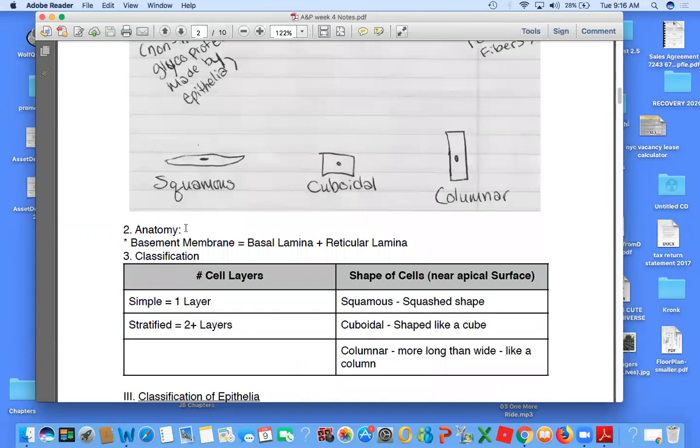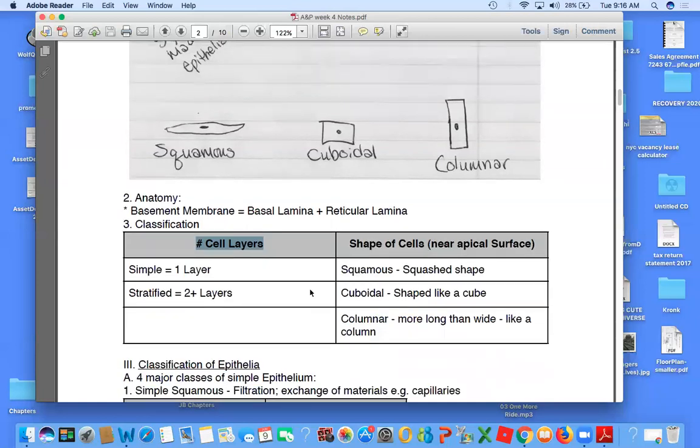So we classify epithelia based on the shape of the cells. We also classify epithelial based on the number of cell layers that it has. If it has a single layer, we say it's simple. Simple epithelial. If it's called stratified, then that means it's two or more layers.